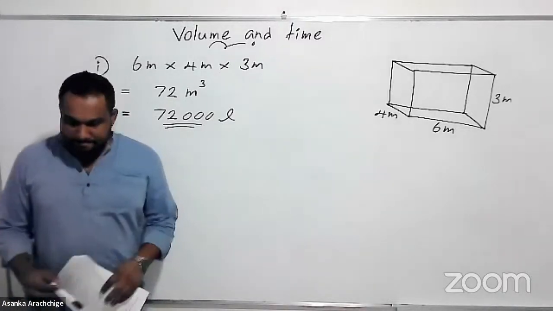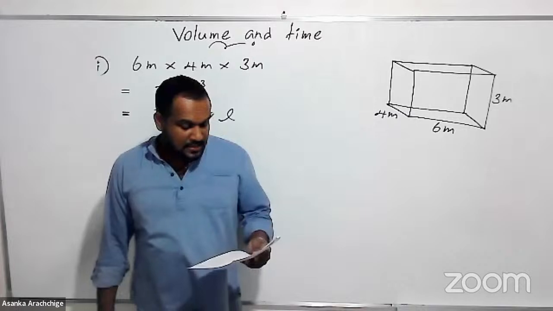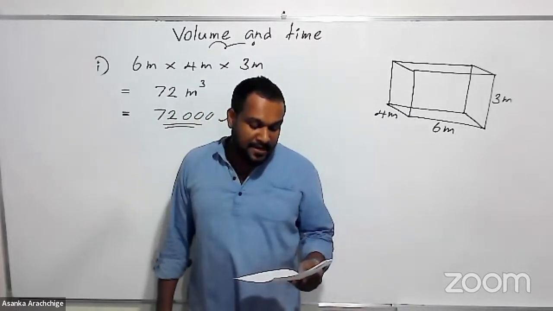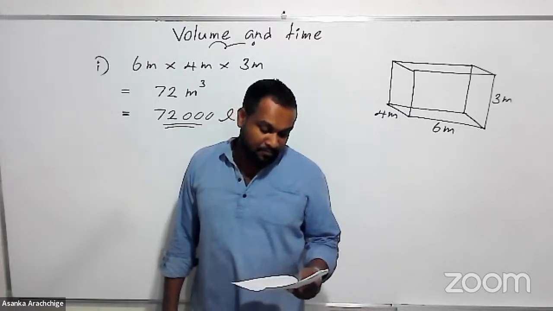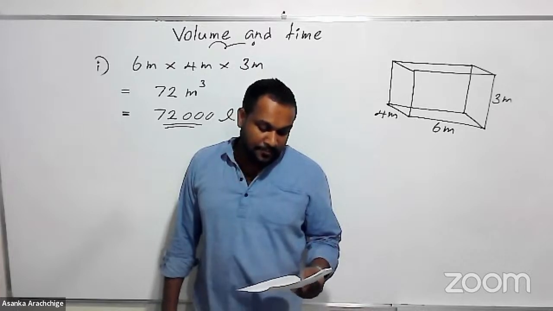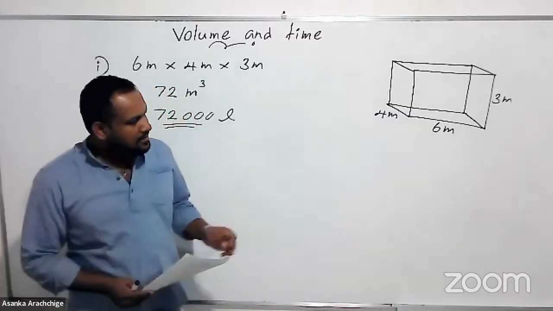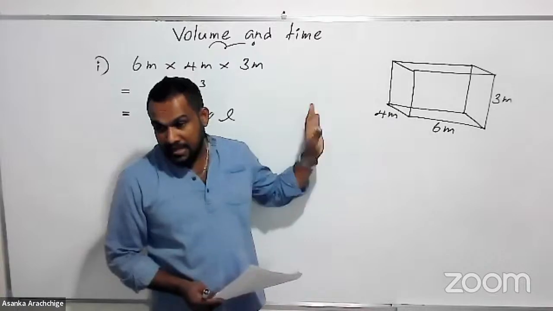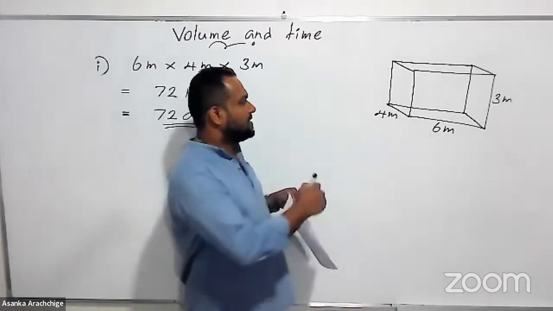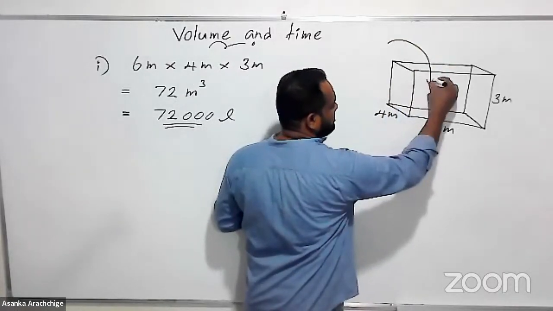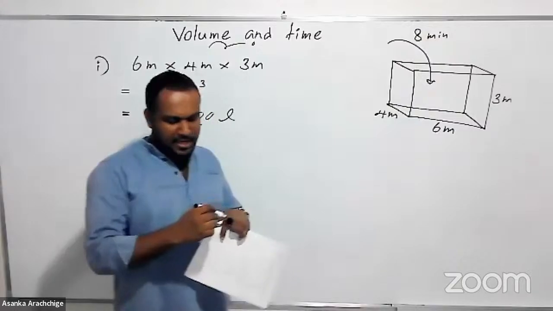72,000 liters. Right. In the second part, if the above tank is completely filled by using a pump in 8 minutes, calculate the rate at which fuel flows out of the pump. This fuel tank is completely filled by a pump in 8 minutes. The time taken by the pump is 8 minutes.